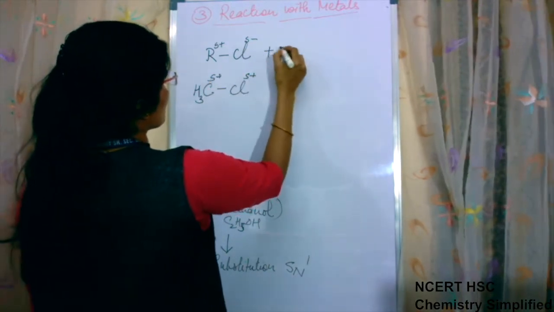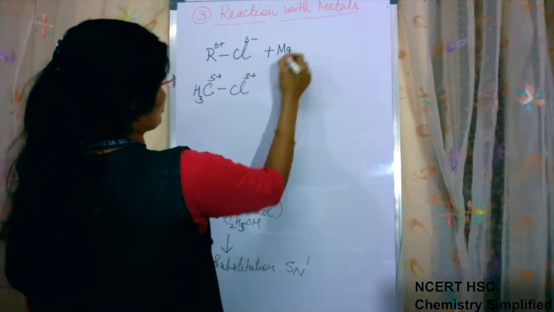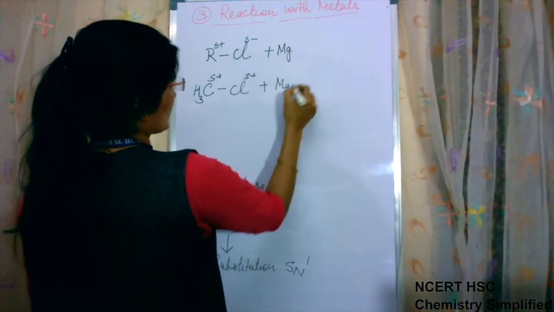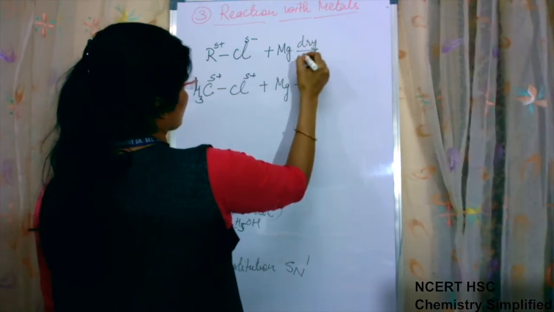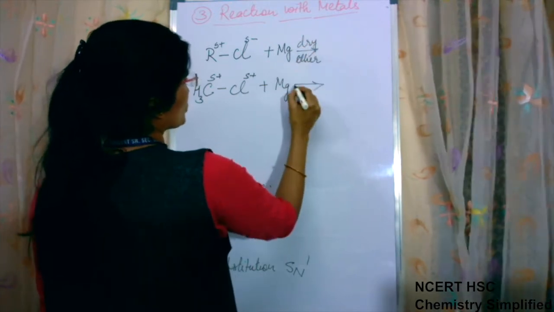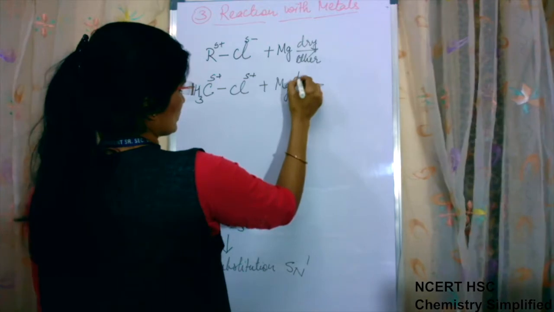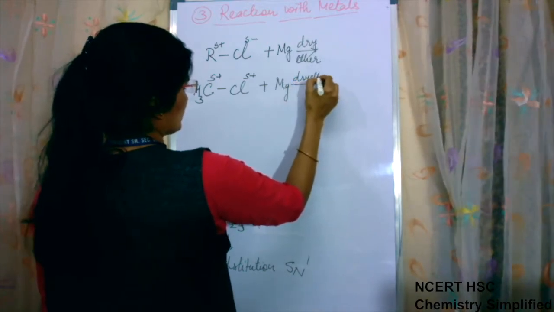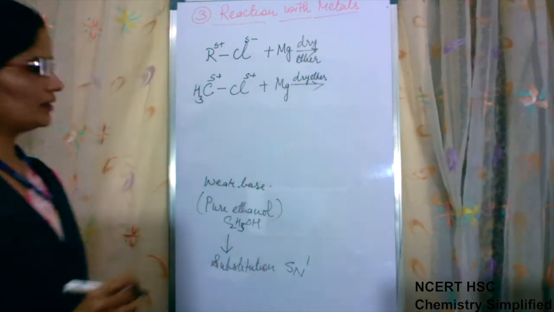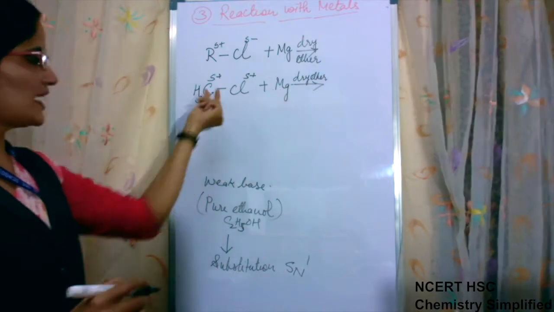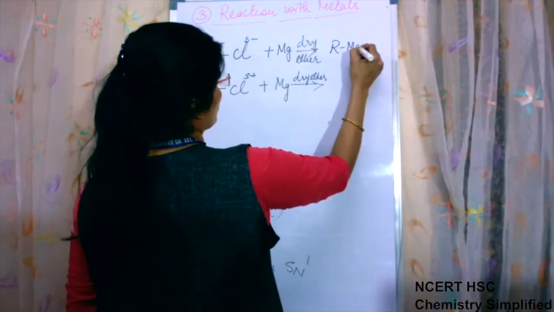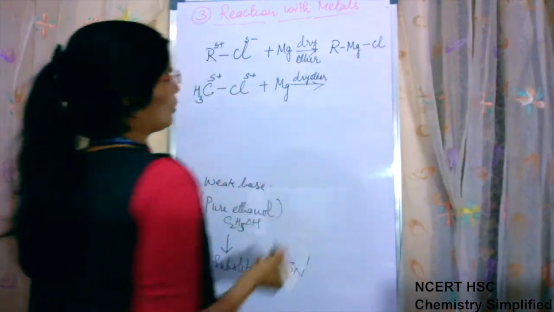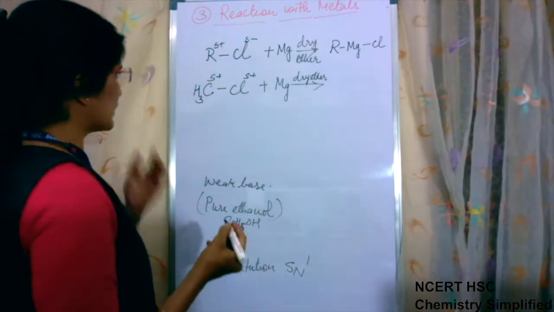Then when it reacts with metals like Mg, magnesium, in presence of dry ether, we can write it in one line also, dry ether, then magnesium atom is added to form RMgCl or RMgX also we write.